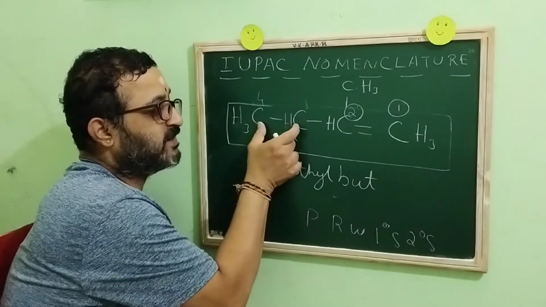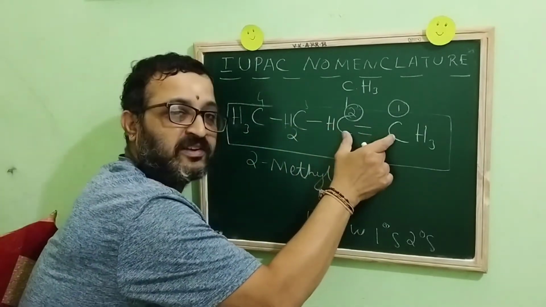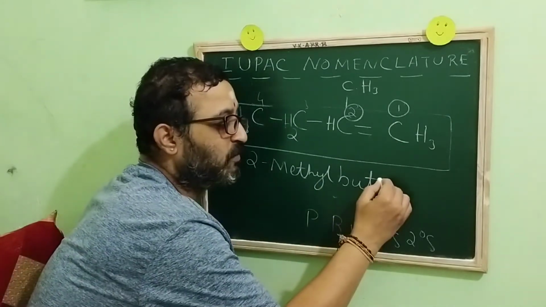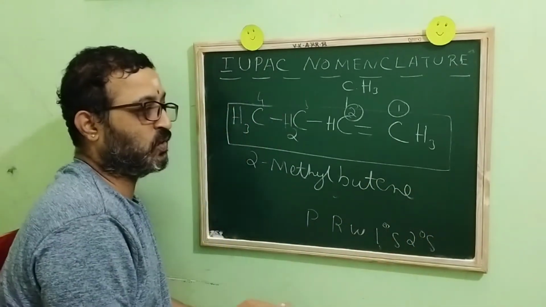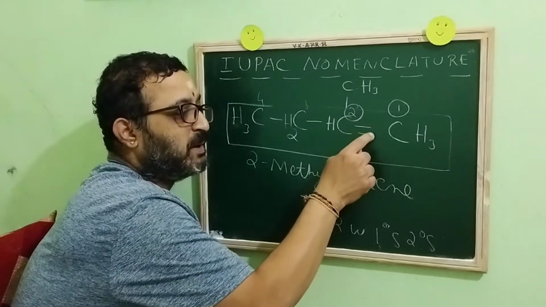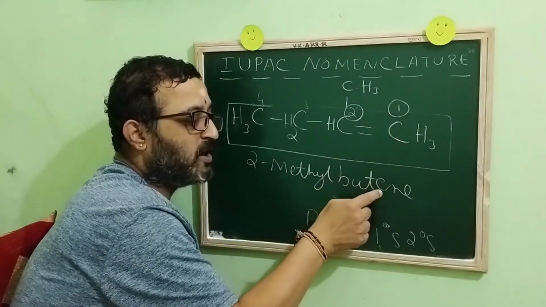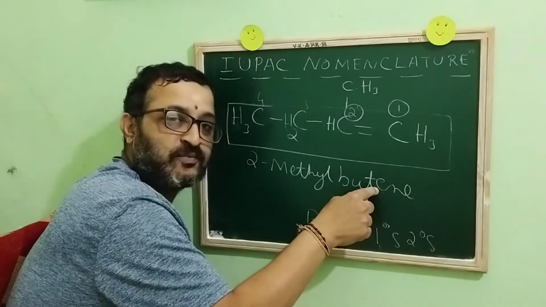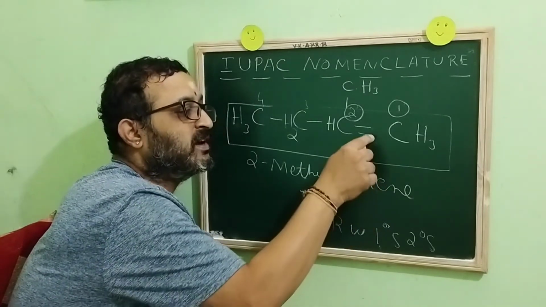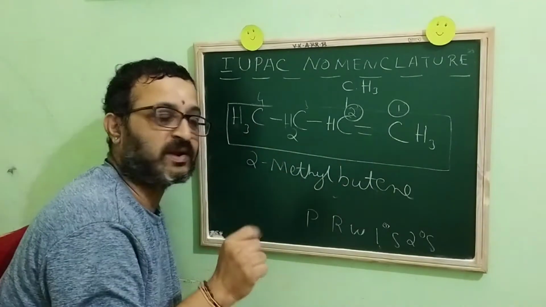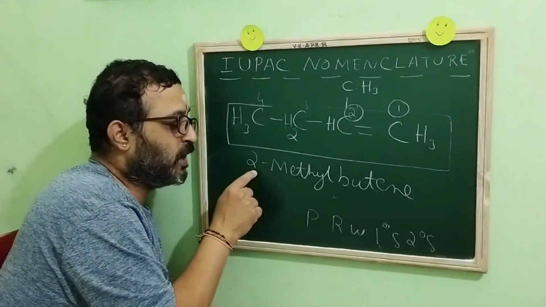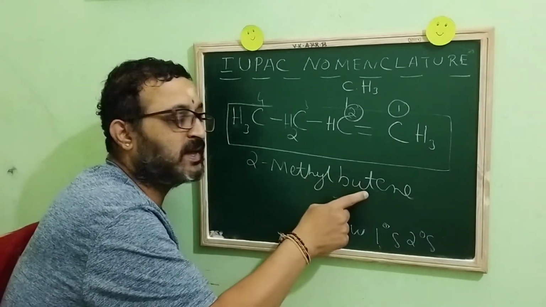Then single, we have what, children? Double. That is, the primary suffix is "-ene", which will come after the root word. Just because the double bond is attached to the first carbon, I am not writing any number. It is understood that if we write without a number, the double bond is attached to the first carbon. So the name of the compound will be 2-methylbutene.